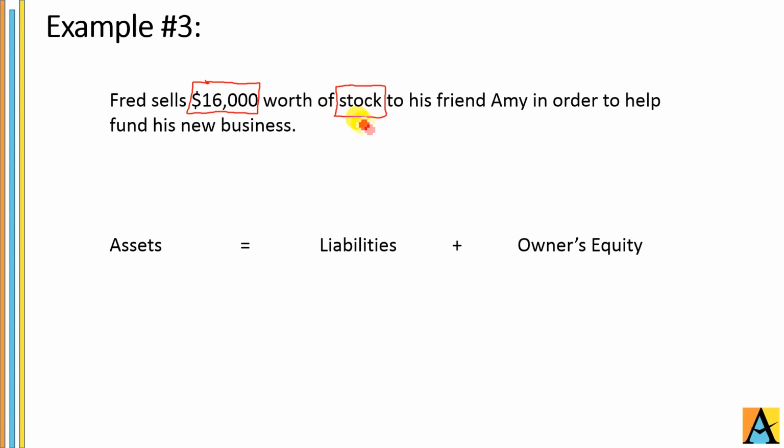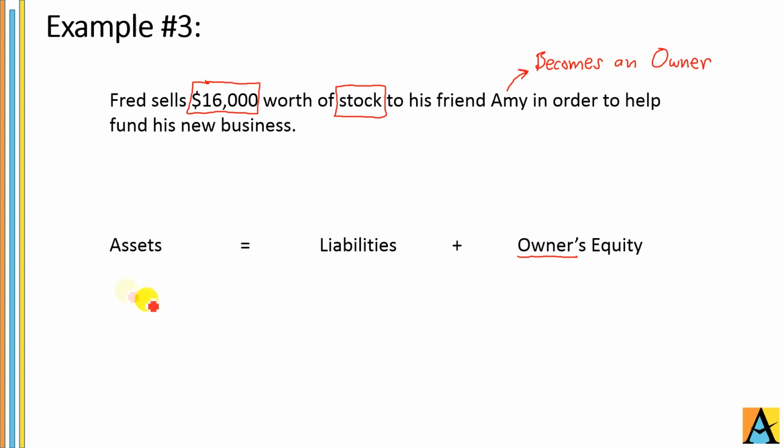That signals to us that by selling stock to his friend Amy, Fred is selling part of his business, and therefore Amy becomes an owner of the new business. And remember, where does the owner's amounts go? That would be owner's equity.